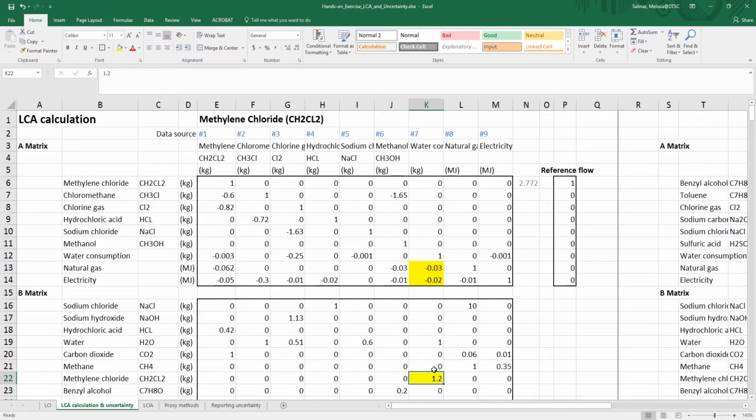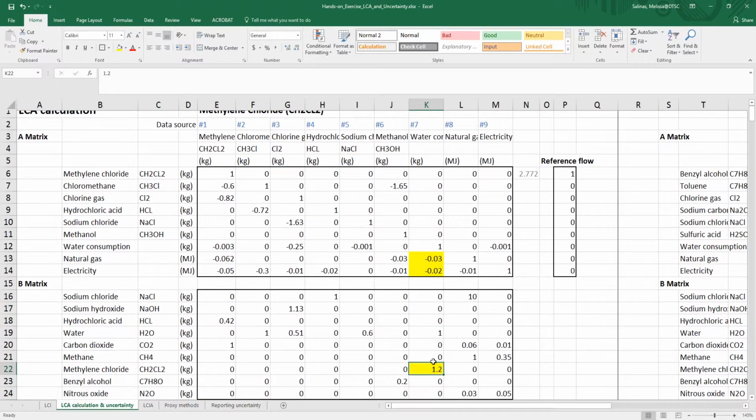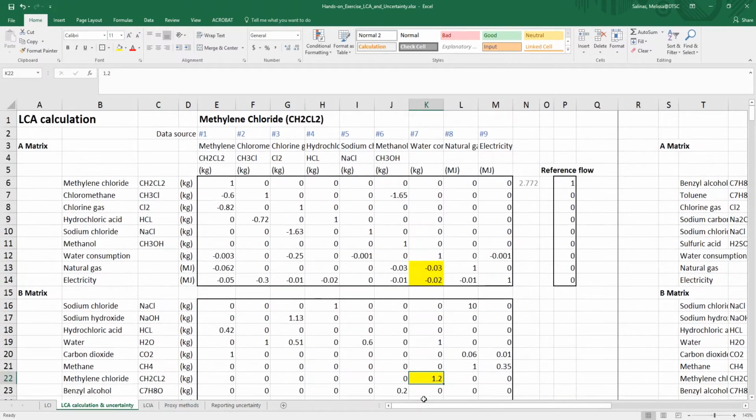So in that case, it's probably less uncertain than what we would have given the score for expert judgment. Isn't the calculation that we did based on the matrix A? Yeah, but these are the direct emissions from water consumption, and the natural gas and electricity consumption data will be indirect impacts to water consumption. So all the emissions are directly generated by the water consumption process, which is not based on expert judgment. Yeah. The finer details. All right.